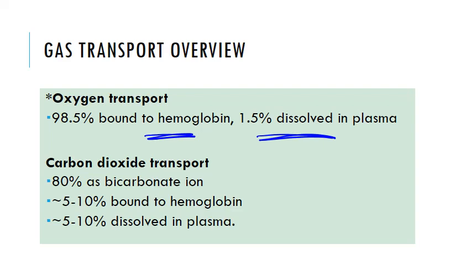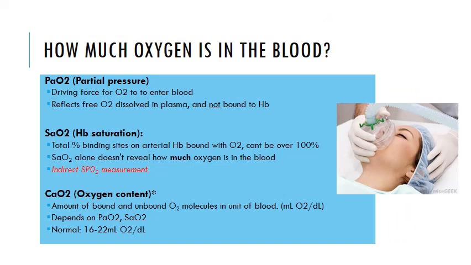Carbon dioxide transport is carried through the blood in roughly 3 separate mechanisms. The primary mechanism is on the bicarbonate ion. However, it's also able to hitch a ride on hemoglobin and be dissolved in the blood plasma itself. So these are 3 different ways to think of oxygen when we try and answer this question: how much oxygen is in the blood?